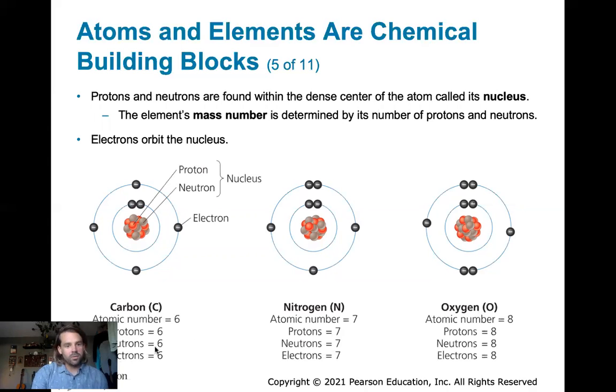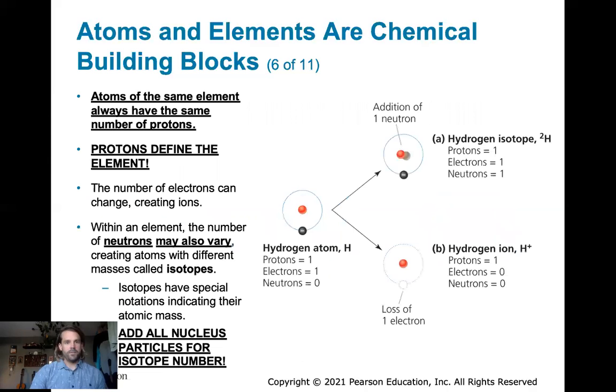So a stable carbon atom has 6 protons, 6 neutrons, and 6 electrons. And you can find that information on the periodic table by just looking at its atomic number. Similarly, nitrogen, 7 protons, 7 neutrons, 7 electrons. Oxygen has 8 of each, okay?